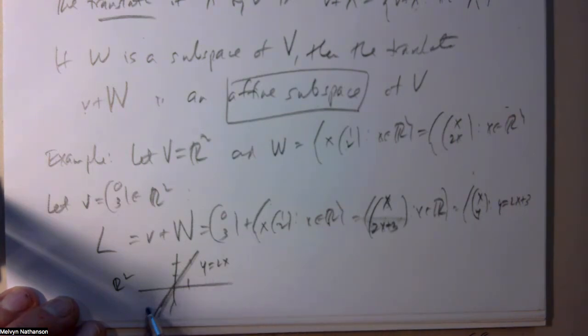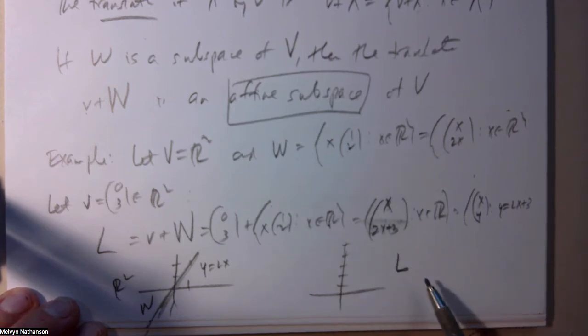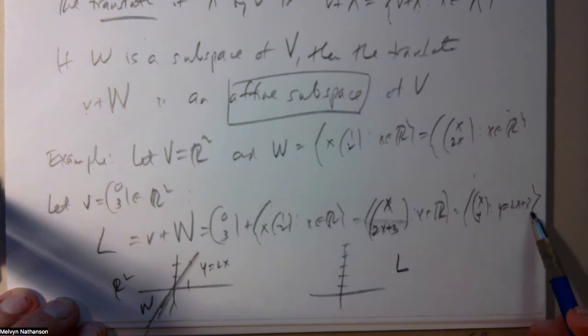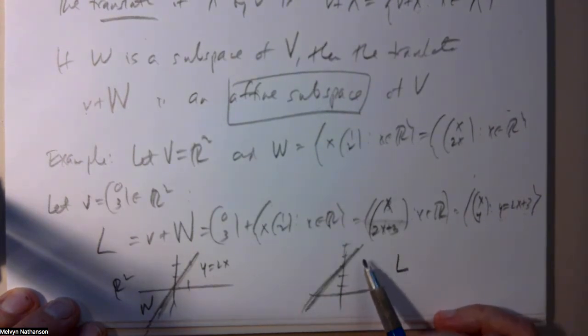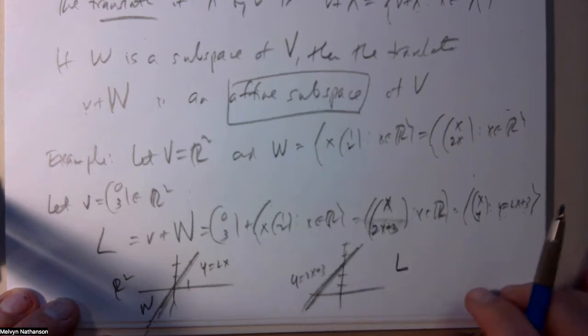That's the one-dimensional subspace W. And what is the affine subspace L? It's just all points on the line y equals 2x plus 3. So this is an equation with the same slope 2, but y-intercept 3. This is L. This is the line y equals 2x plus 3.